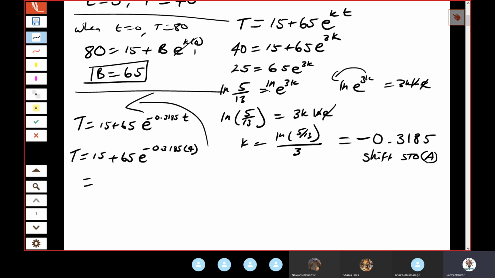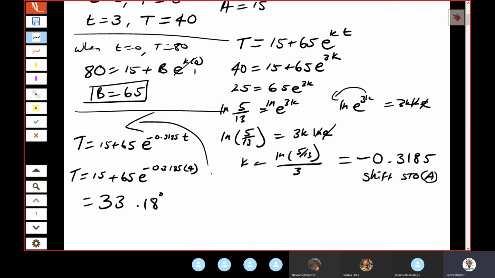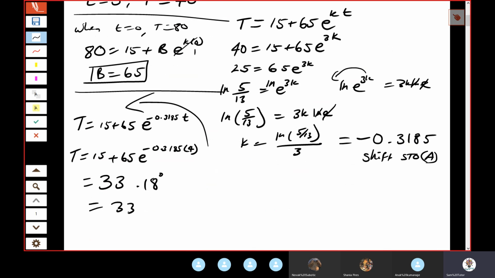I'm going to use my actual A for this, just so you guys know. 15 plus 65 E, my capital A times 4. I got temperature is 33.18 degrees. Does it say to the nearest whole number? Go back. There it is. Nearest degree equals 33 degrees.